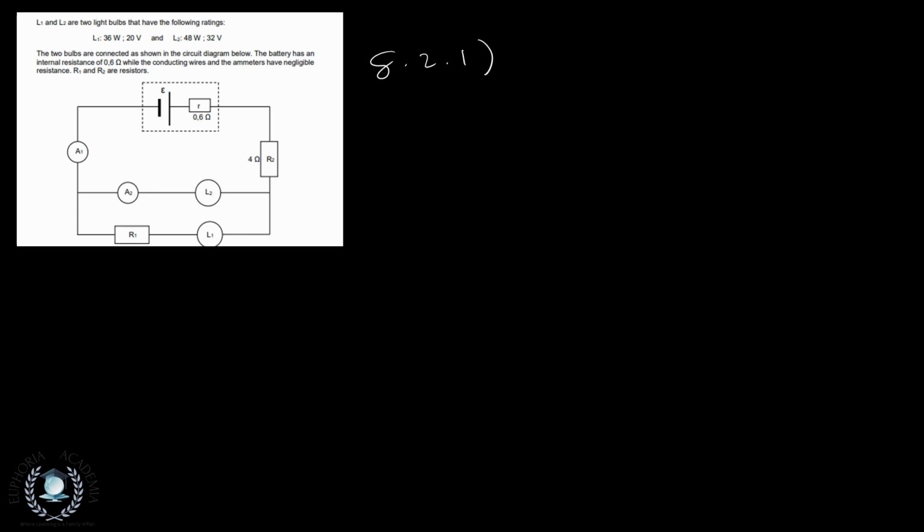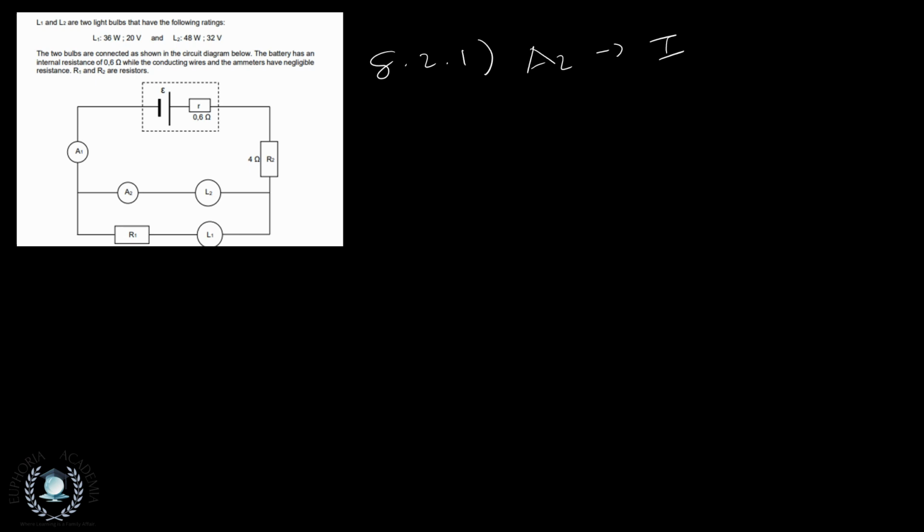Question 8.2.1 is asking for the reading on ammeter A2. Now, an ammeter reads the current, right? So we're meant to find the current. And in the information before we even started, it is stated that we need to work with the light bulbs with their ratings.